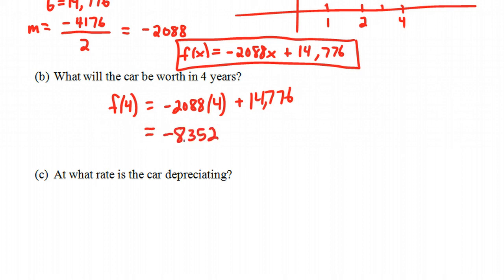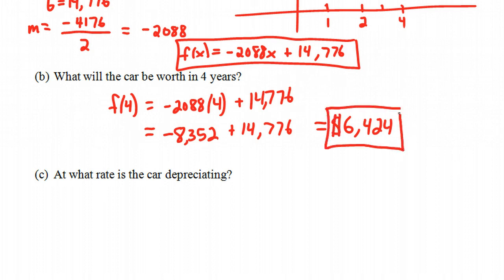You'd maybe have to use a calculator to see that. But then we're going to add 14,776. And when you do that, that ends up being 6,424. So what does that mean? That's $6,424. That is the value of the car after 4 years.